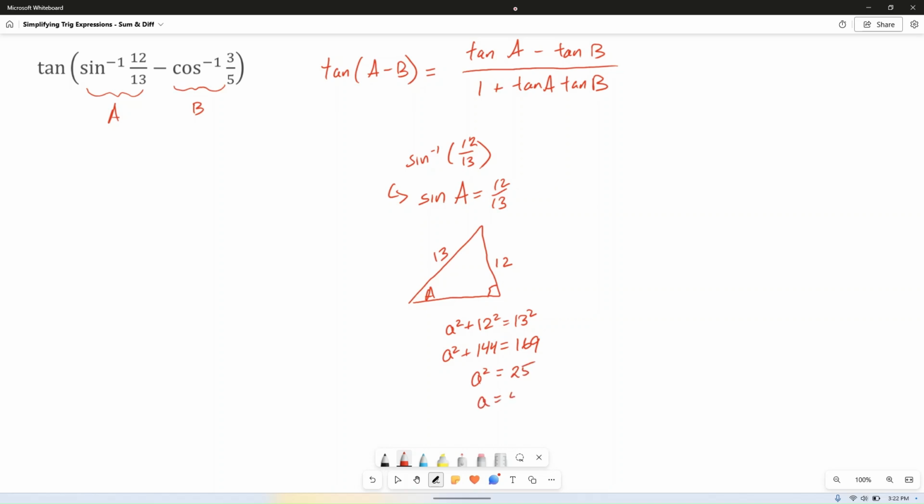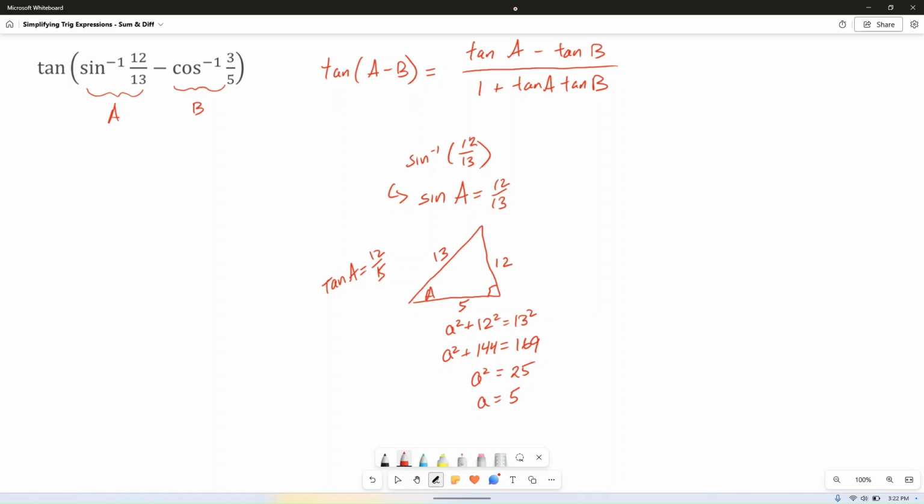So a is equal to 5. Now I can figure out the tangent of A, which is going to equal 12/5.